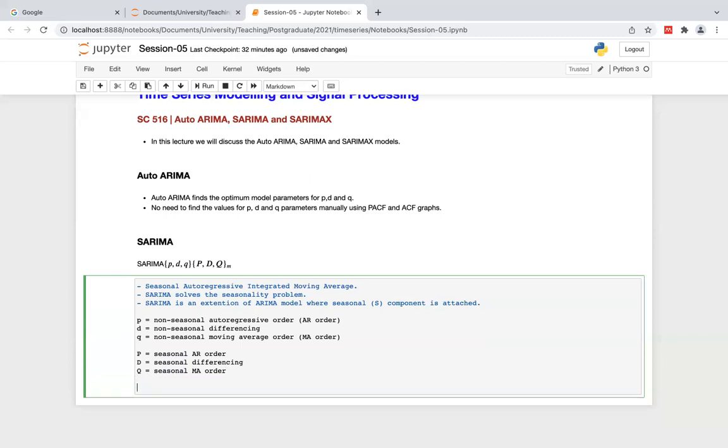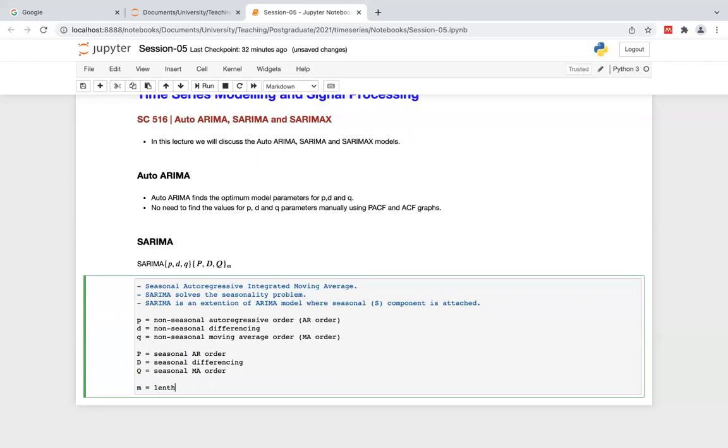Then the final parameter M. That's the place where we have to discuss. This is the length of the repeating seasonal pattern. In other words, the seasonal period. What is this?